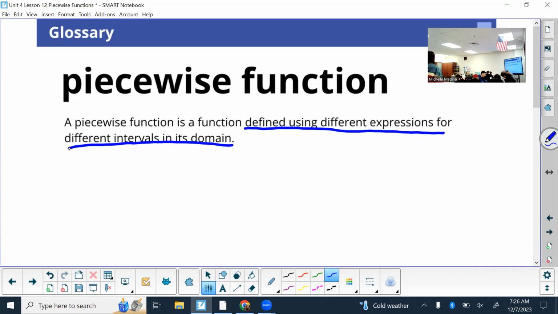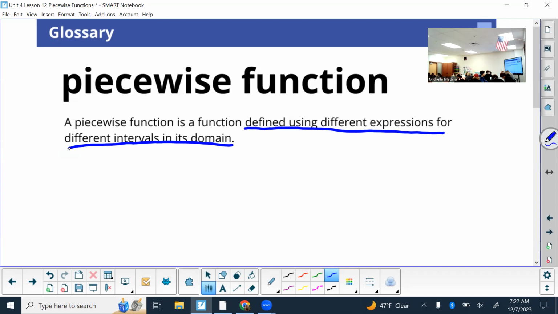That means for every input, there should only be one output. And we use different expressions for different intervals in the domain. And you'll see when we do the first example.